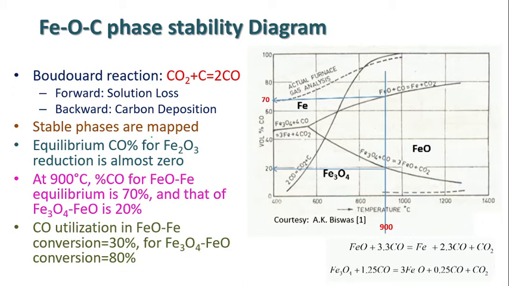Or in other words, the reduction potential of the gas, which is taken in the y-axis, with temperature in the x-axis, the S-type curve. This S-type curve in this diagram represents the carbon monoxide volume percentage in a carbon monoxide and carbon dioxide gas mixture in equilibrium.